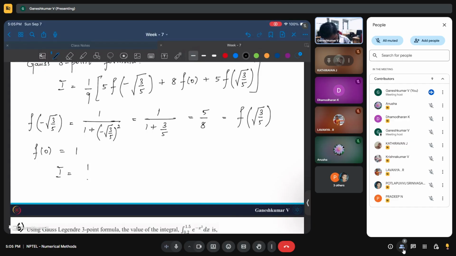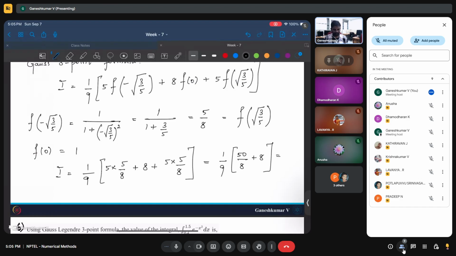So let's substitute it in the integral. I is equal to 1 by 9 times 5 times 5 by 8 plus 8 plus 5 times 5 by 8. How much is this? 25 by 8, 50 by 8 plus 8, divided by 9. So you have 1.5833.